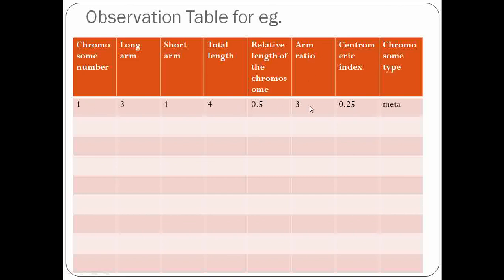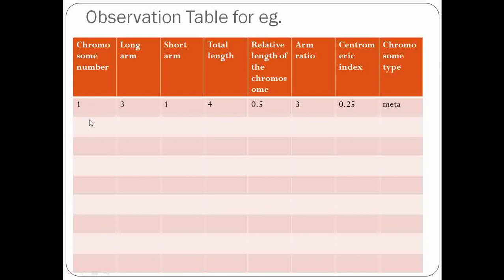Then the arm ratio, which is calculated by length of long arm divided by short arm, is 3:1. Then the centromeric index according to the formula is 0.25. That's why the type of chromosome here is metacentric.